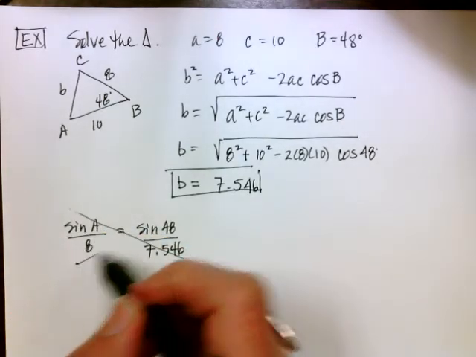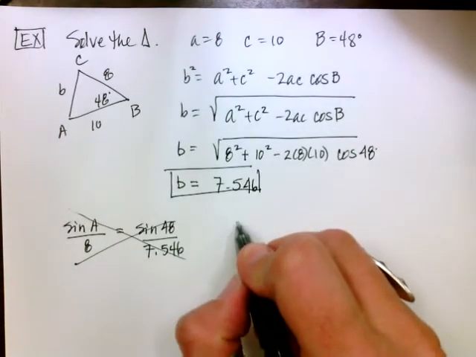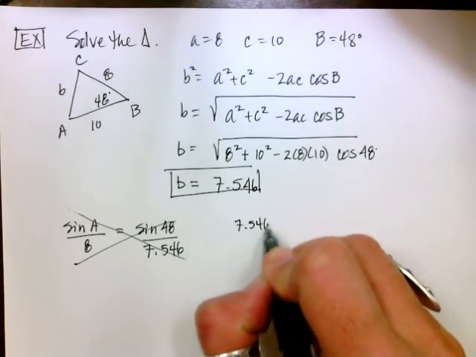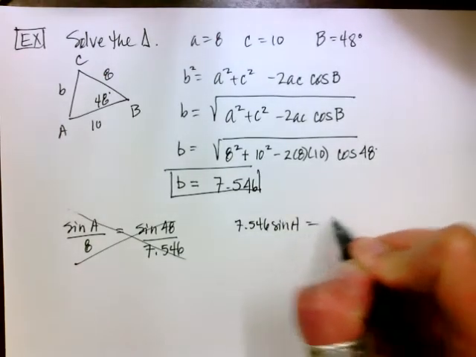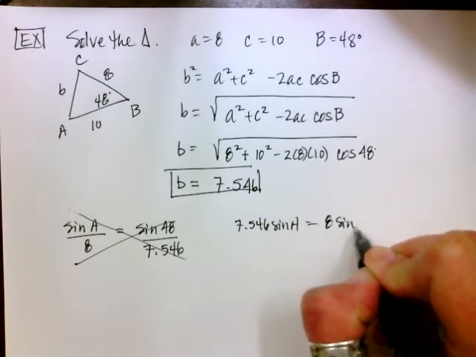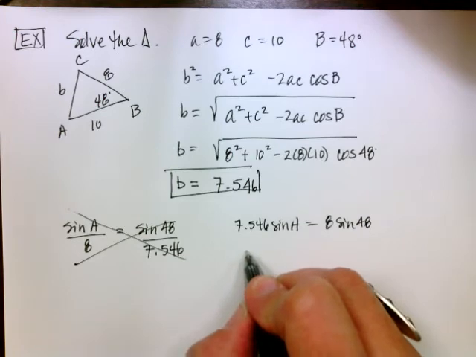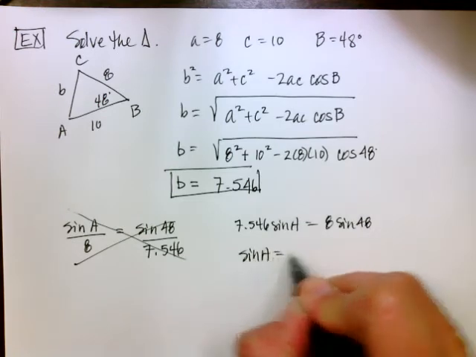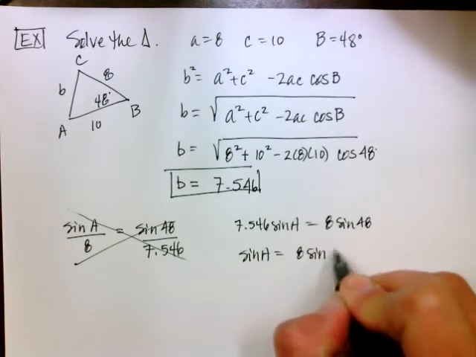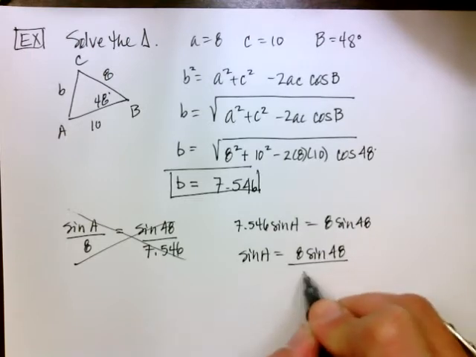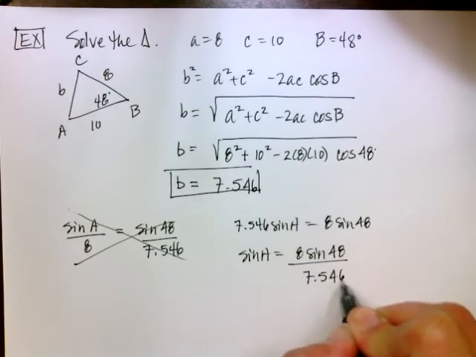I'm going to cross multiply. So I get 7.546 sine A is 8 sine 48. Divide by the 7.546. So the sine of A is 8 sine 48 divided by 7.546.